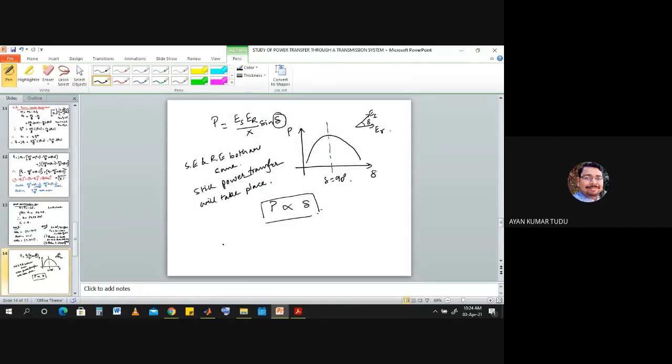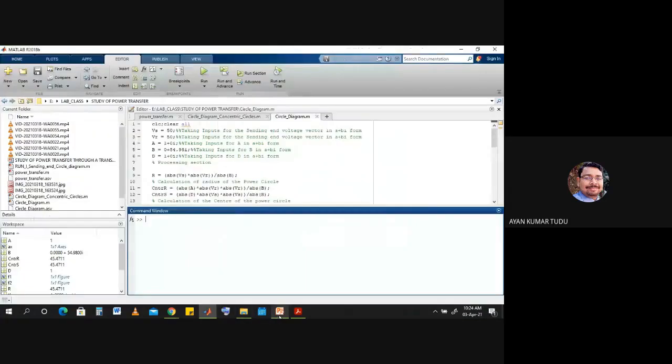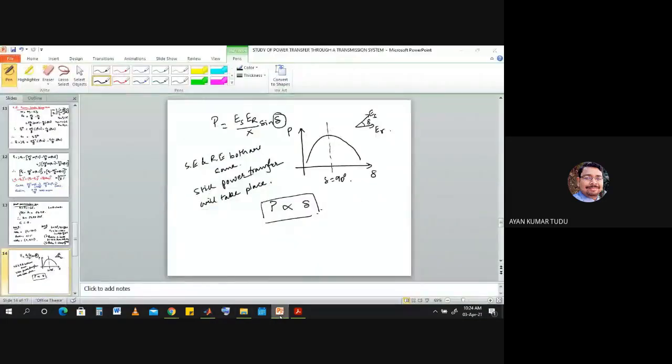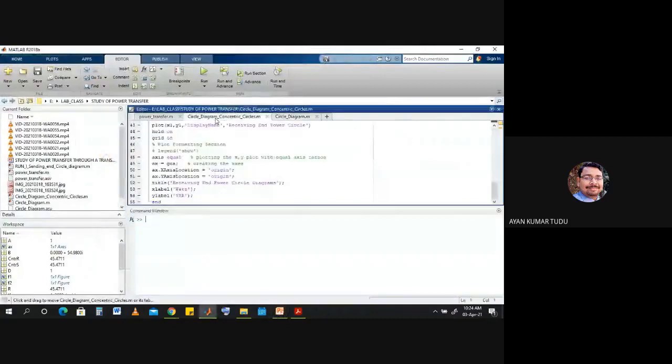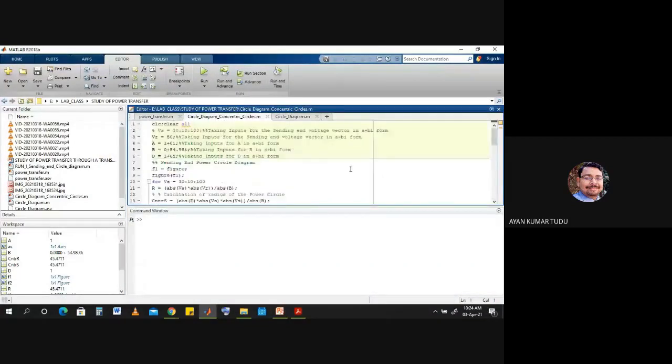Understood? Similarly for run 2, we'll be finding out the receiving end voltage, and for run 2 also I have the figure.